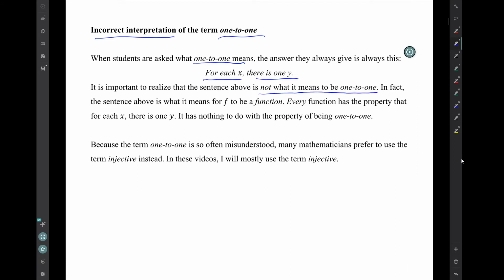In fact, that sentence is what it means for f to be a function. Every function has the property that for each x, there is exactly one y. It has nothing to do with the property of being one-to-one. Because that term one-to-one is so often misunderstood, many mathematicians prefer to use the term injective instead. In these videos, I will mostly use the term injective.